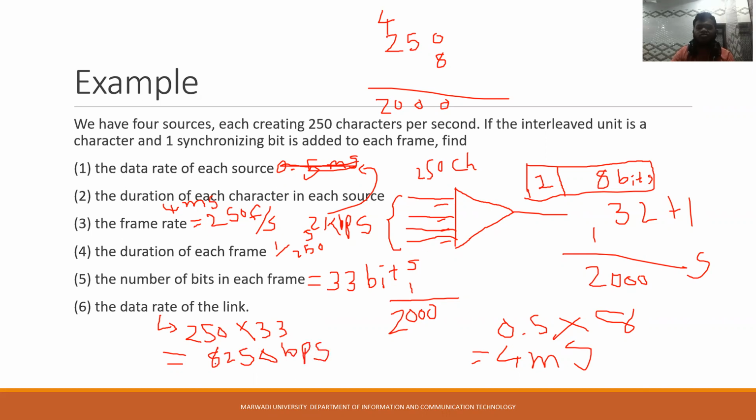Why 8250 bits per second? Because we are sending 250 frames per second, and each frame is having one extra bit. So if we add all those extra bits, we have 250, and 8000 would have been our ideal data rate. But since we are sending one extra bit in each frame, we have to add this 250. You can look at it that way also.